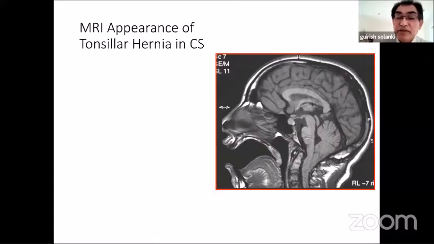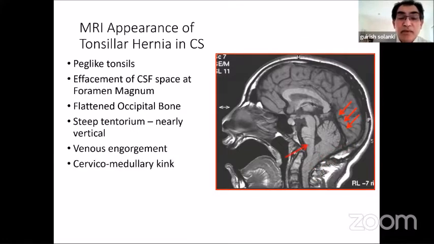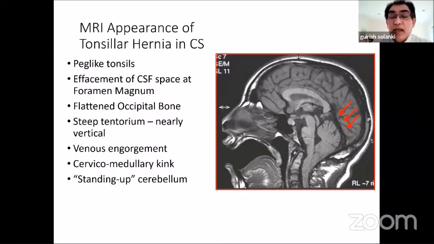They often have a skull base, short stubby clivus, a long elongated dolichoid dens, and a standing up cerebellum. So a lot of features, peg-like tonsils, and all of this seems to be forming a pattern of radiological appearances that we commonly see in patients that we term as complex Chiaris.